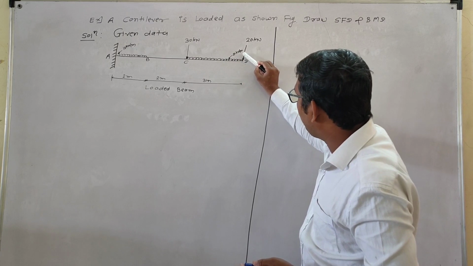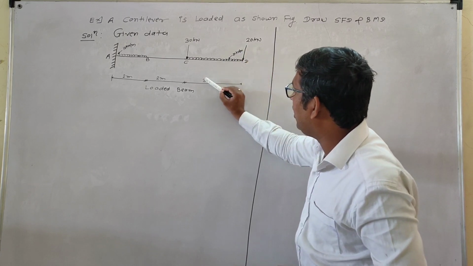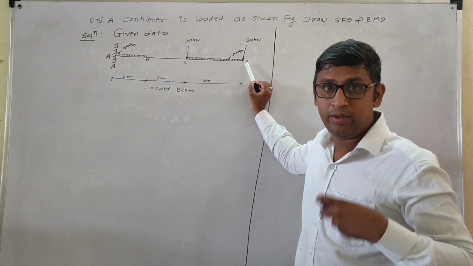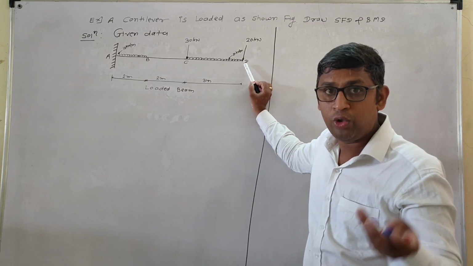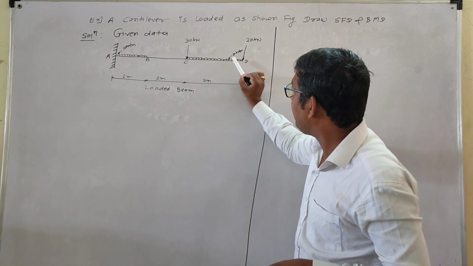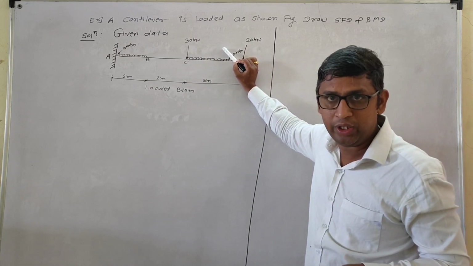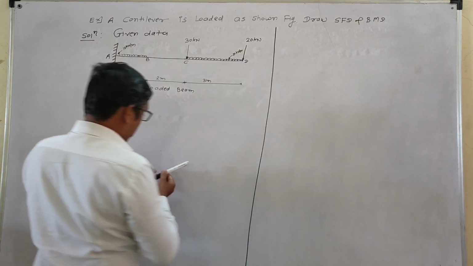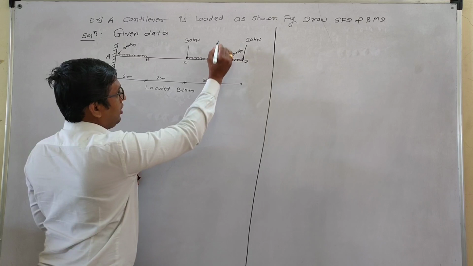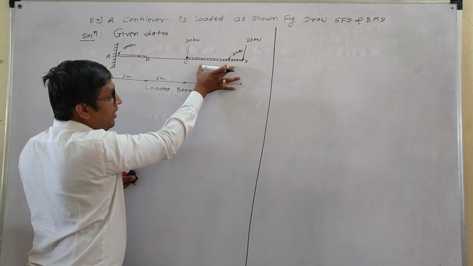This 20 kilonewton per meter is multiplied by the length of that UDL, and that equivalent point load acts at the mid span of that UDL. So convert this: 20 into 3 is 60, and that acts at the mid span.